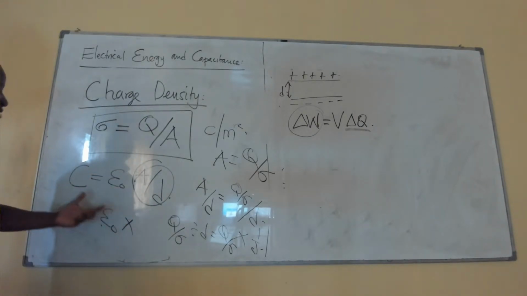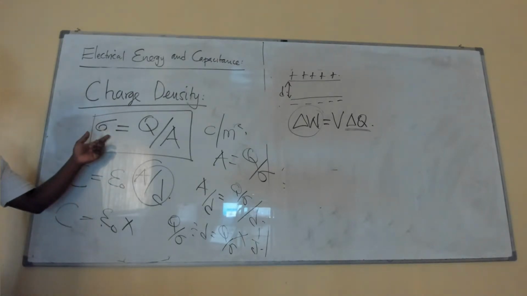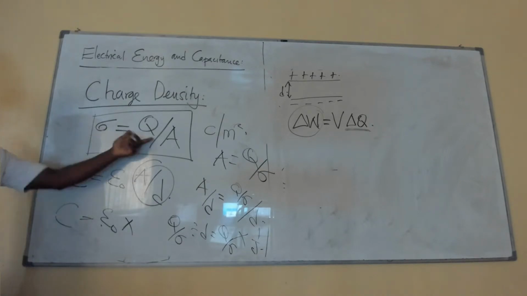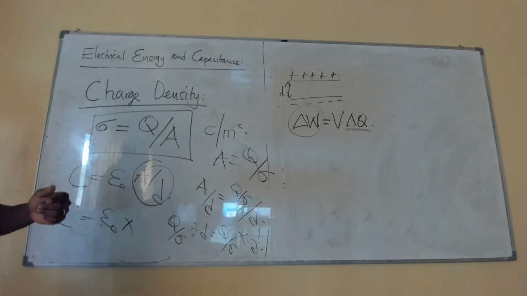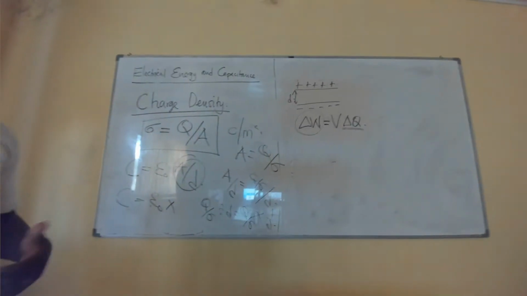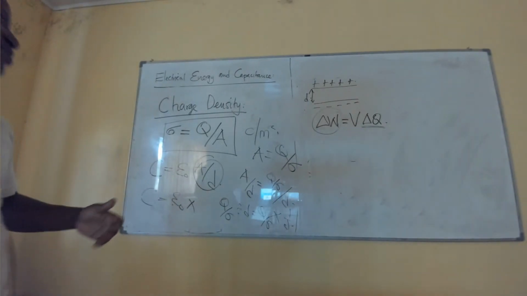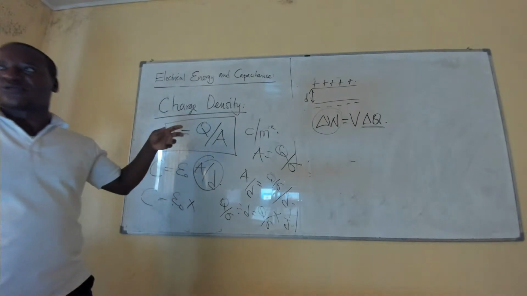The question may give you the capacitance, but you've been asked to find the charge density. It will be very difficult if you cannot see the relationship here, because you will not find an equation on the first page that combines this and that; we expect you to do that.